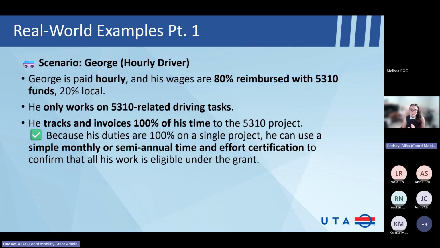And that's because his duties are 100% on a single project. So he can use a simple monthly or semi-annual time and effort certification to confirm that all his work is eligible under the grant.